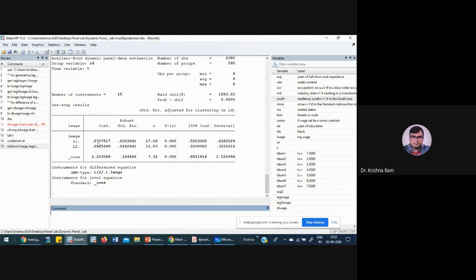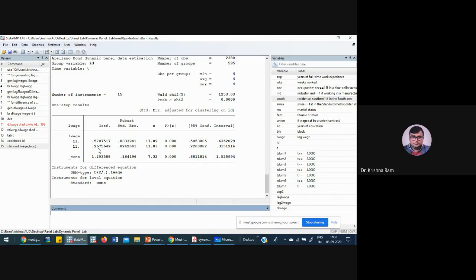More than half of the wage of the current period is explained by the past year wage data. If you get the total, it becomes 0.84.